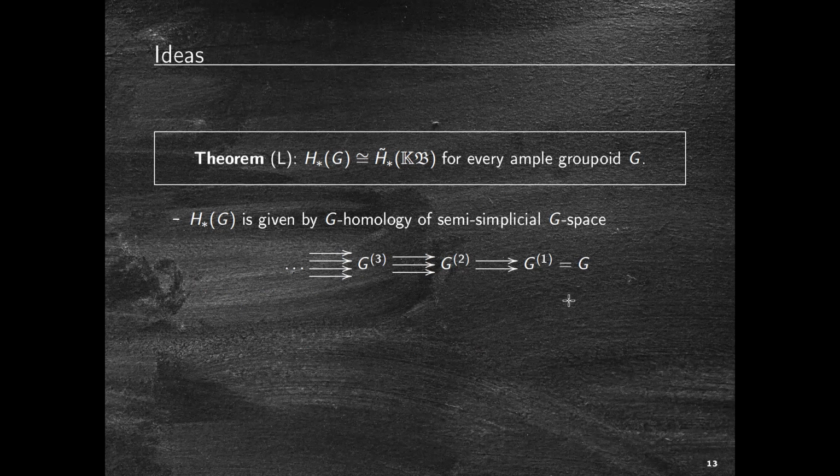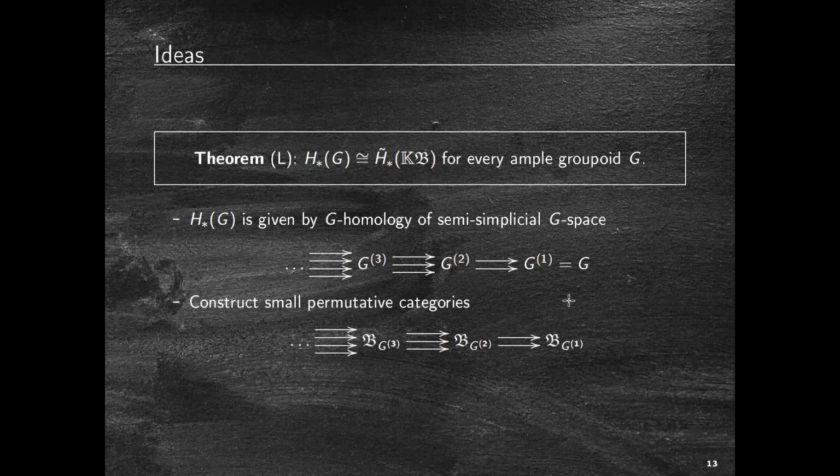And now what you do is you do the construction we did and apply it to this semi-simplicial space. So for each of these spaces, you form one of these permutative categories. So somehow you mimic this semi-simplicial space at the level of categories. But what you gain is that each of these categories are somehow easier to understand because these spaces, the G action on them is what's called free and proper.